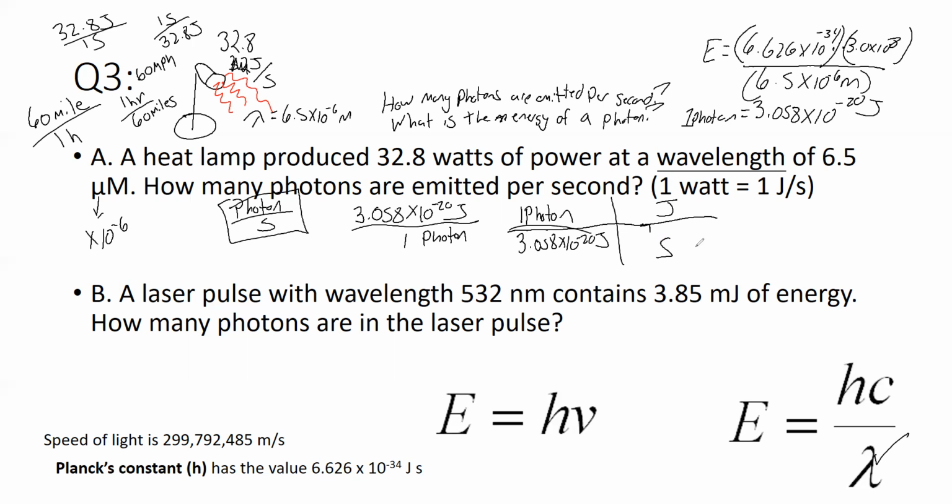Now, is there any number on here that combines the units of joules and seconds? That would be the watt. So we know that for every 32.8 joules, that takes 1 second of time. Joules cancel out. My unit is photons per second.